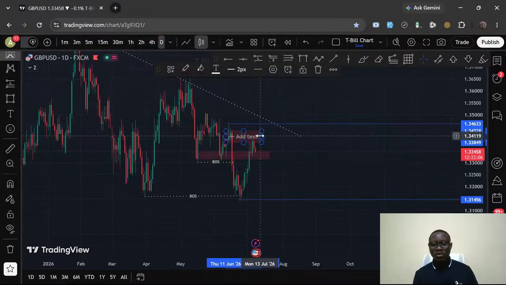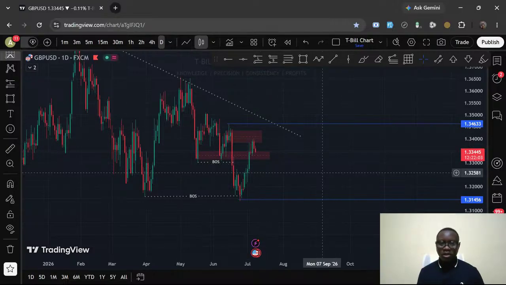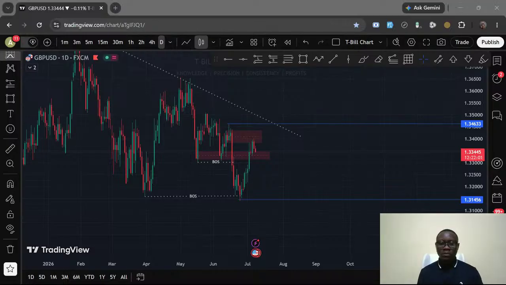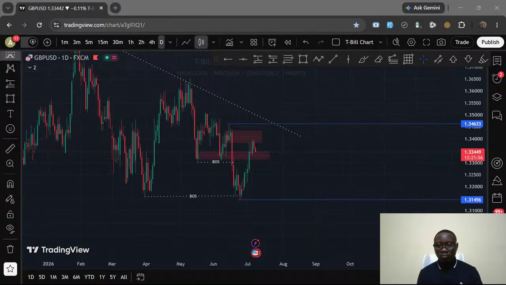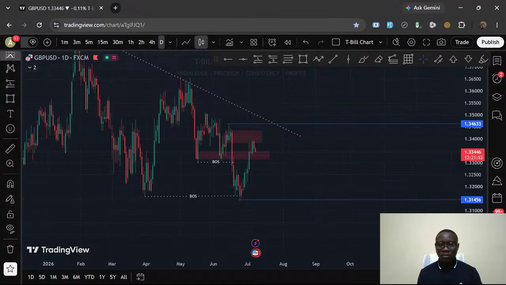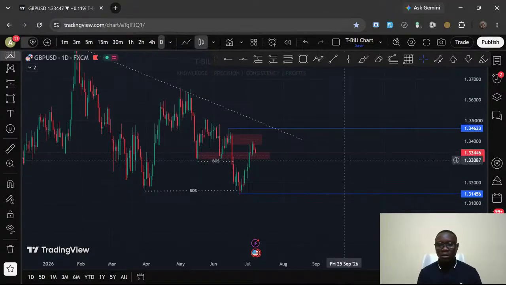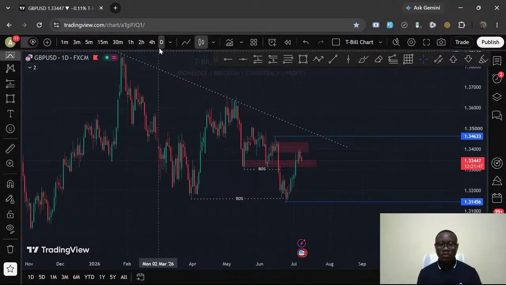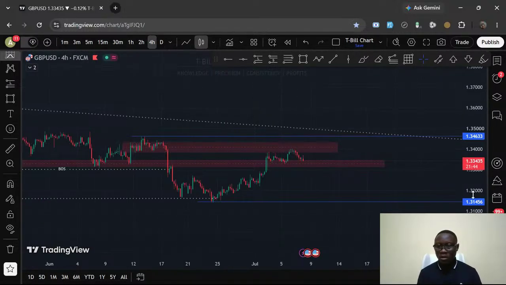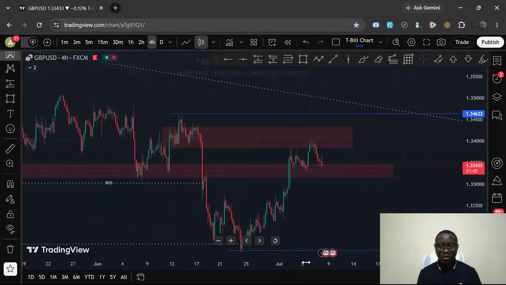Okay, so let's take a closer look at this zone where price is currently at. Let's drill down to the 4H time frame, see if we can refine that zone further.